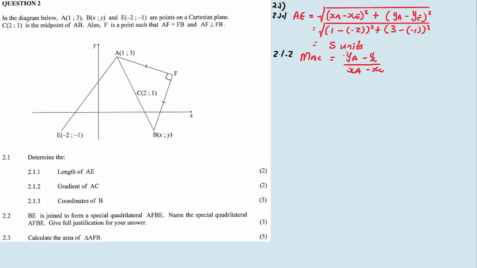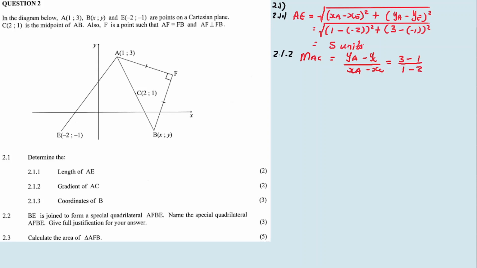It also doesn't matter if you do YC minus YA over XC minus XA, it doesn't matter. But make sure that YA goes with XA, and YC goes with XC when you substitute.